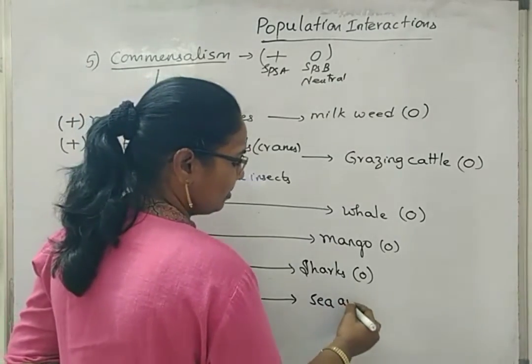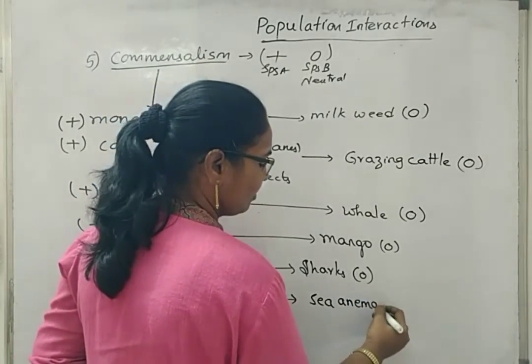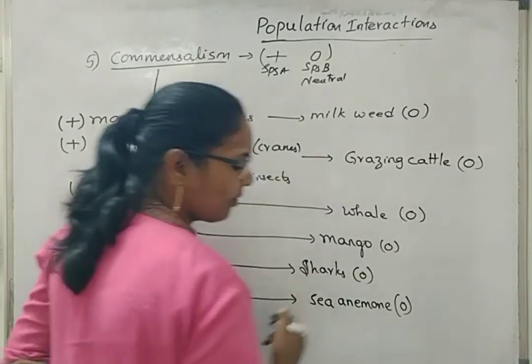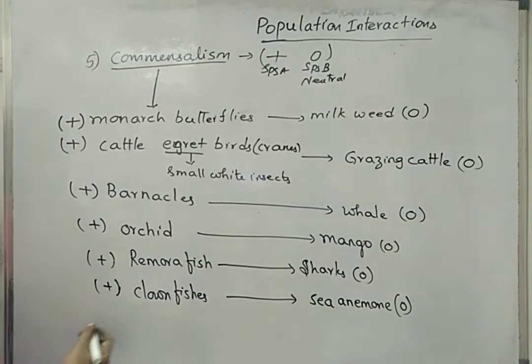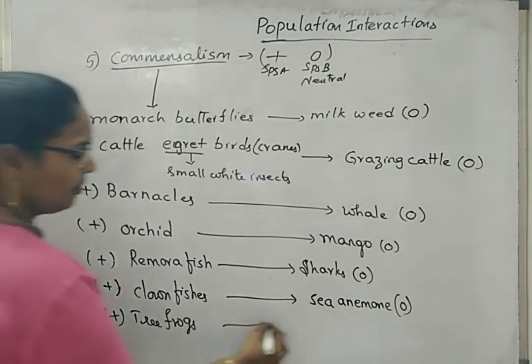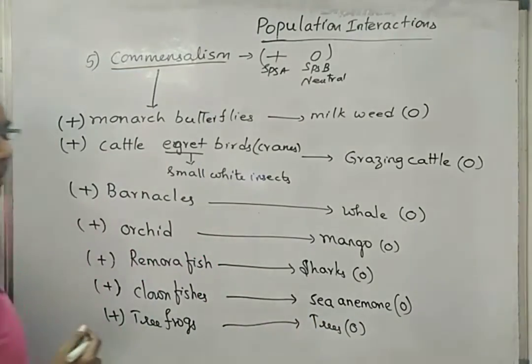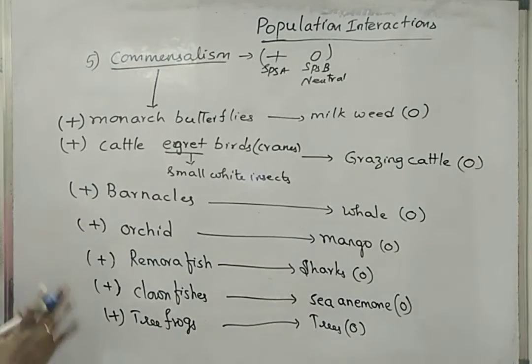So sea anemone, that is not having any harm. Another example we can take is the tree frogs which are residing on the big trees. Tree frogs which are residing on the trees. Trees are not having any harm. So this is about some examples under commensalism.